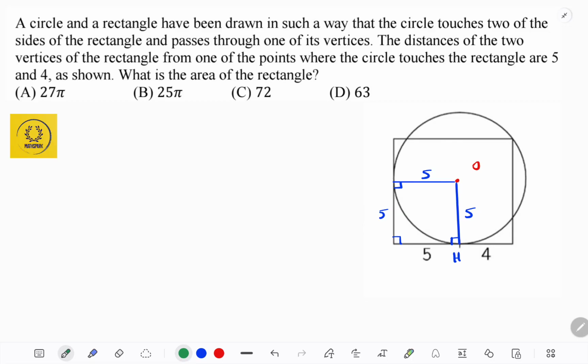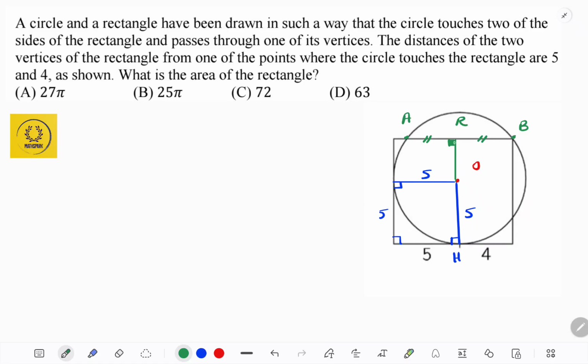And then I'm going to draw another perpendicular line to this chord. Let's call this chord AB. And we know that the perpendicular line from the center to a chord bisects the chord. So we have a right angle here. Let's call this R. So AR equals RB.